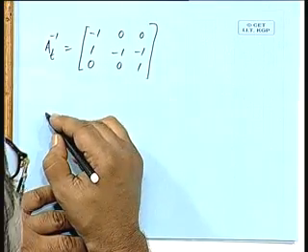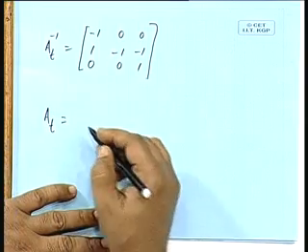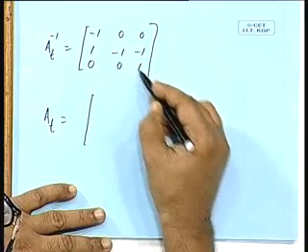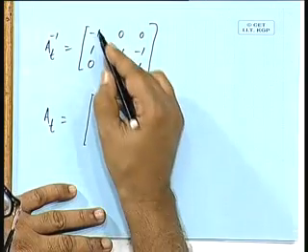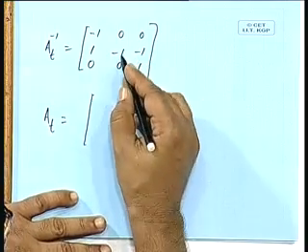Let us see what AT will be like. Determinant is plus 1. So, we will replace each element by the corresponding cofactor.